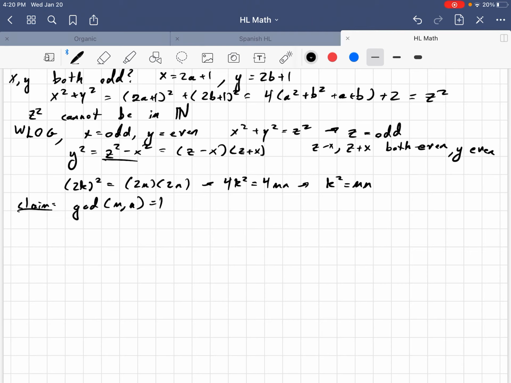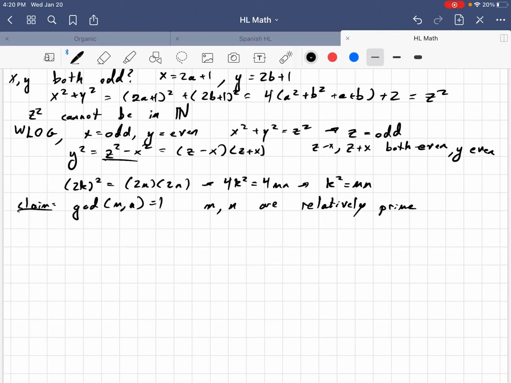In other words, m and n are relatively prime, as it's also sometimes called. That just means that they share no common factors other than 1.